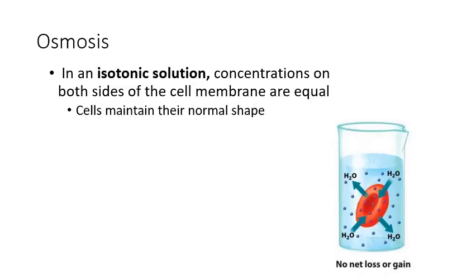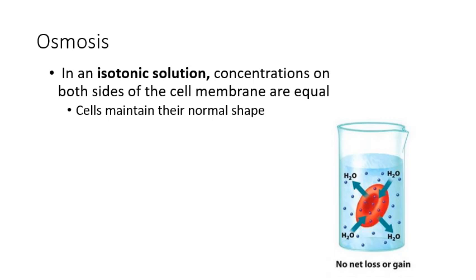All right, so an isotonic solution is one where we've got equal concentrations of salt on the inside of the cell as on the outside of the cell. So in your body, in your bloodstream, the isotonic amount of salt is 0.9%. So we've got 0.9% salt on the inside of the cell, 0.9% salt on the outside of the cell.